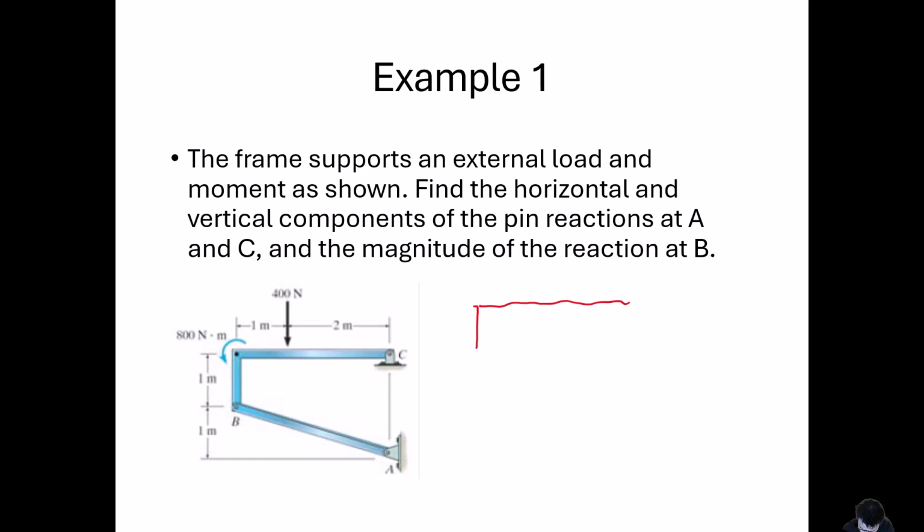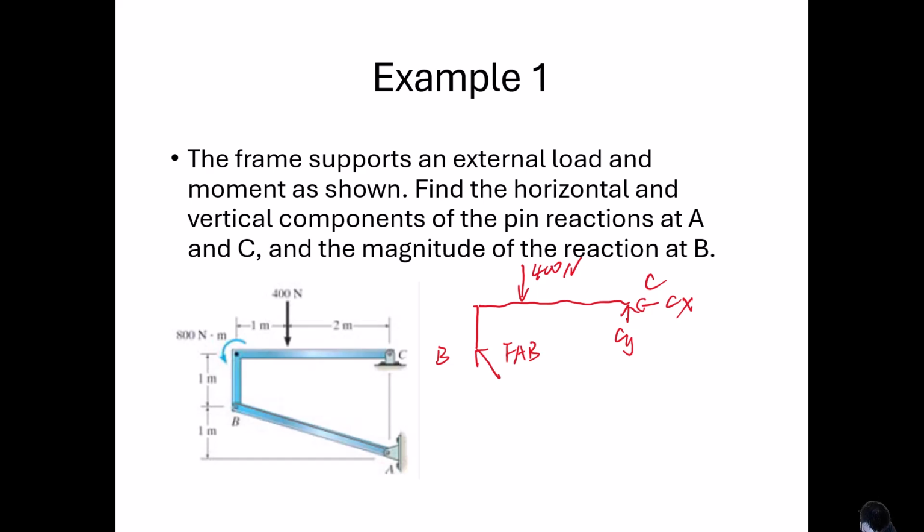Point C is a pin. Okay, we have CX, CY, and also we have 400 Newton here. And point B, okay, so we have force FAB, which is in the direction of member AB.